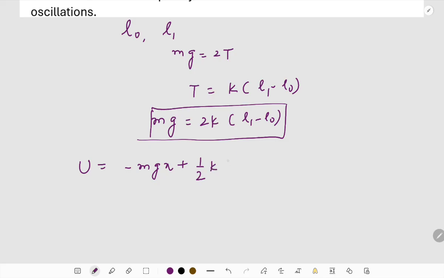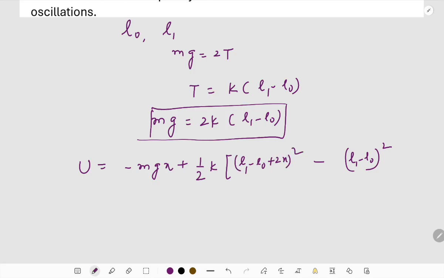Half k, and the spring was initially loaded by a length L1 minus L0, so the square of this, and now its length has been increased to L1 minus L0 plus 2x.